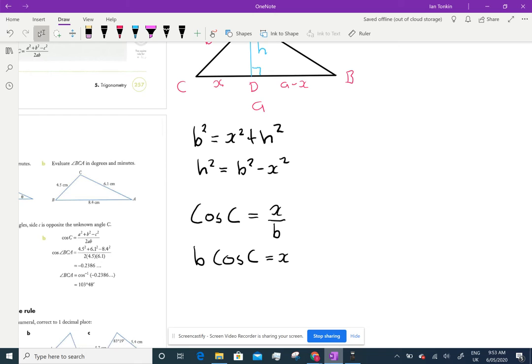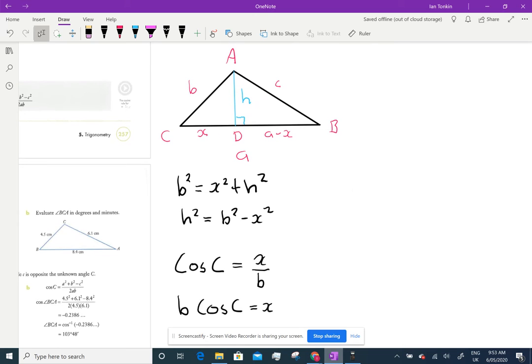Now I'm going to take the other triangle on the right-hand side, the ABD, and I'm going to go, okay, c squared equals h squared plus (a minus x) all squared.